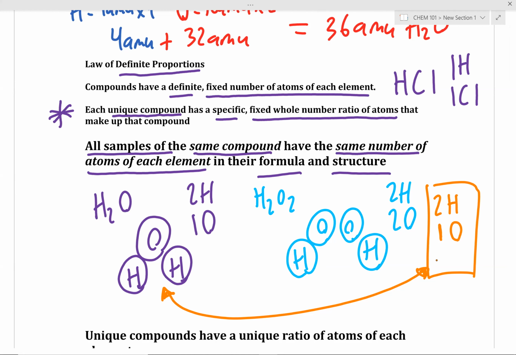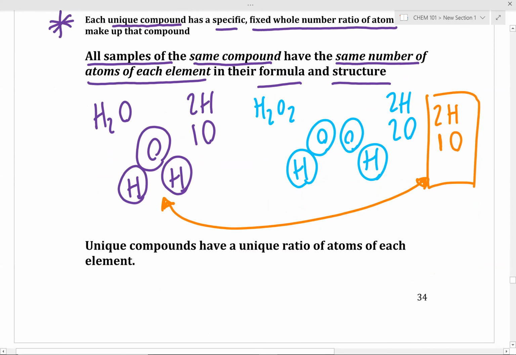Ergo, these two are the same chemical species. It's long, grueling work, but that's how a lot of new compounds were identified empirically. Okay, so again, just to stress, unique compounds have a unique ratio of atoms of each element according to this law.